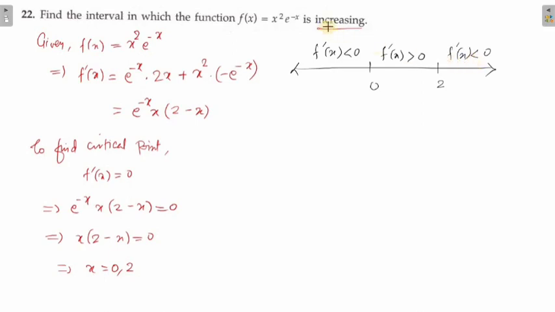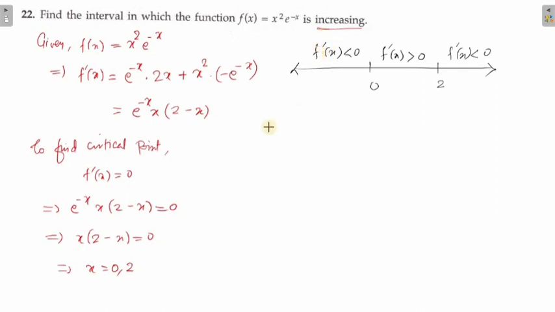Now since the question is talking about increasing, the function increases out here. And this time, can I include 0 and 2? Definitely, because the question is saying increasing. So we must have greater than or equal to 0.